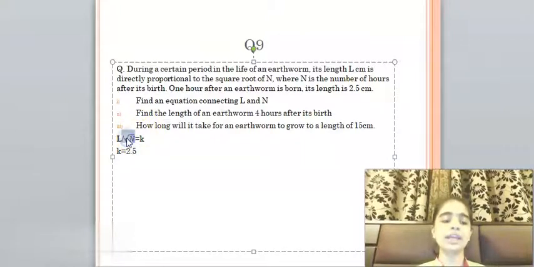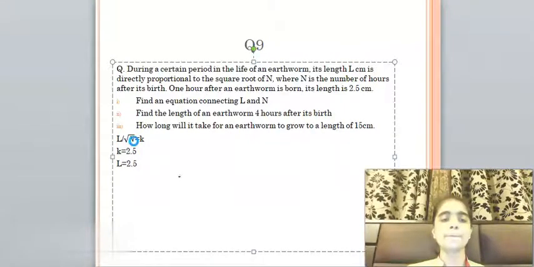So our final equation will be L is equal to 2.5 multiplied by under root n. So this is an equation connecting L and n.